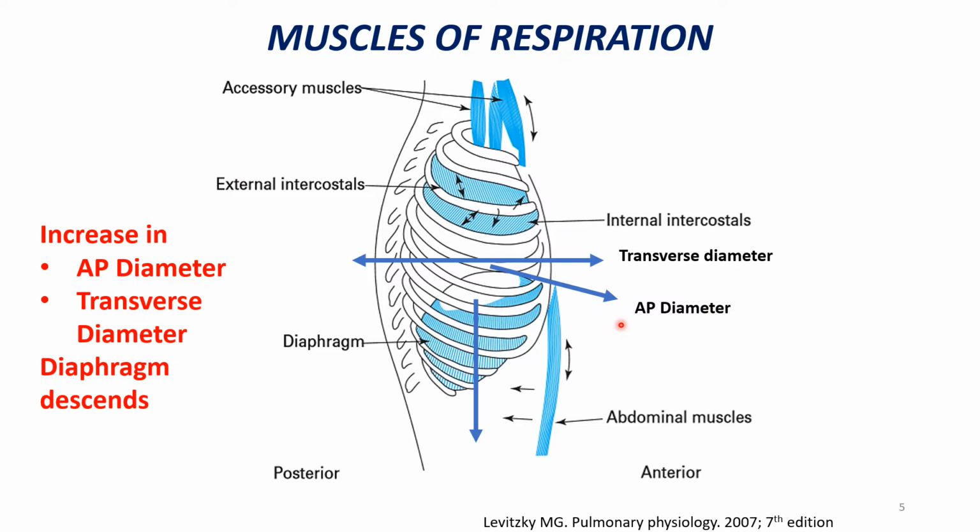As you can see the arrows, this is anterior posterior, these are the transverse diameter, and the diaphragm descends. All these diameter changes increase the size of the rib cage cavity, which is needed in respiration. So let's see how the muscles increase the anterior posterior and transverse diameter during inspiration.